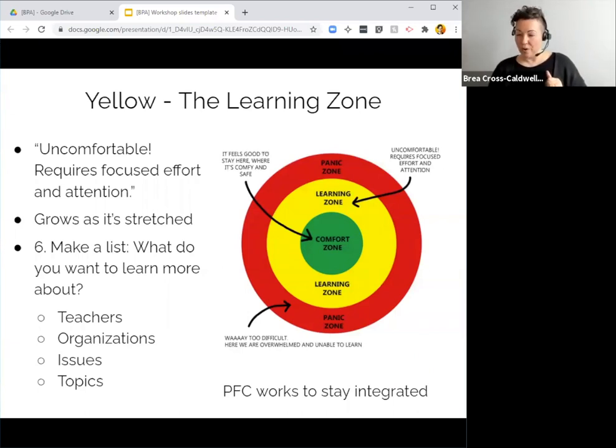I want you on your handout number 6 to just think for a moment about what kinds of things do you want to learn more about? What do you want to fill your learning zone time with? Who do you want to learn from? What organizations, what topics, what issues?